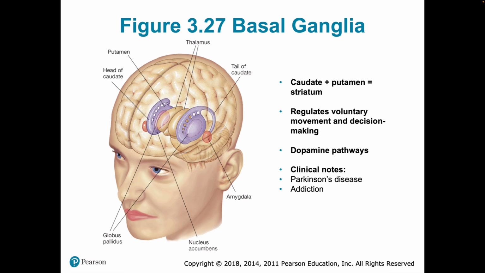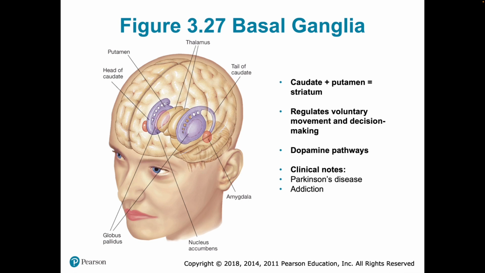There are two main things that I want you to know about the basal ganglia at this point. Number one is that the basal ganglia is also involved in regulating voluntary movement and decision making. It also regulates your dopamine pathways.